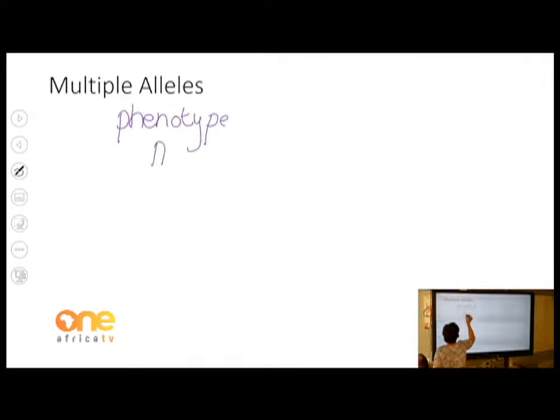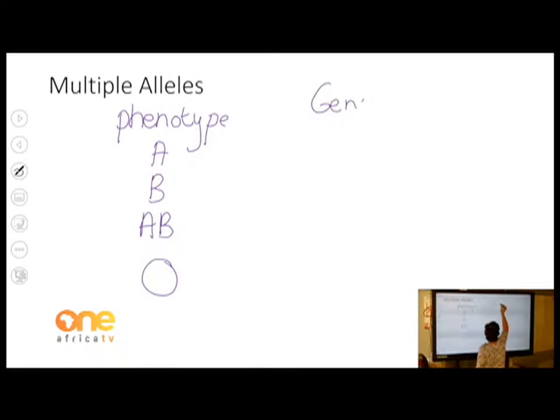We have A, B, AB, and O blood groups. The genotype for blood groups, we use an I. The I is for intermediate, but don't break your neck or your bones. Just remember, C for codominance, but blood groups is an I.